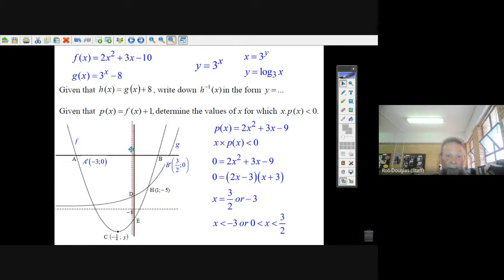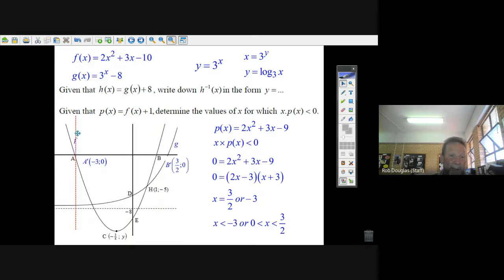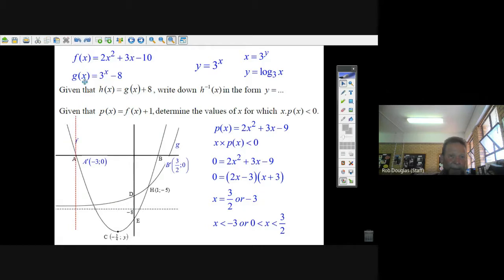Now I go a little bit over here, and now x is negative, but the parabola is negative down here too. So they're both negative. As soon as I hit this point, and it's where it's minus 3, just a little bit to the left of minus 3, it becomes positive again.